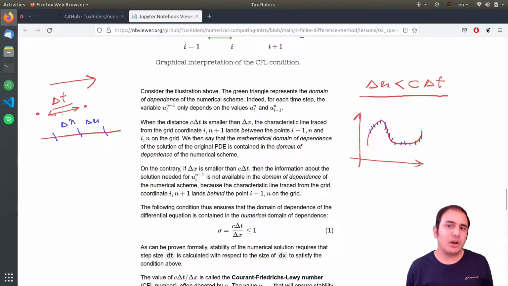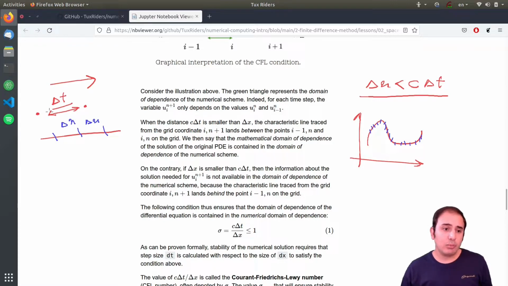This is a rule of thumb in numerical computing: when you have a discretization in one of the variables, in this case time, the state variable, the function of interest, in this case the particle movement, should not change with respect to the other variable, which is x here, by more than one step. This is the stability condition of numerical computing.